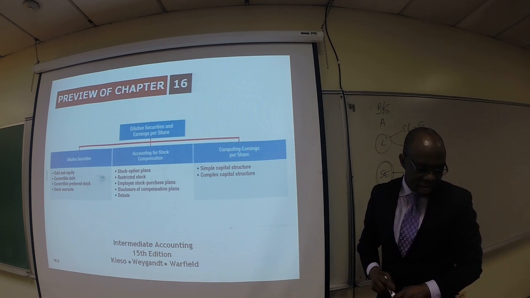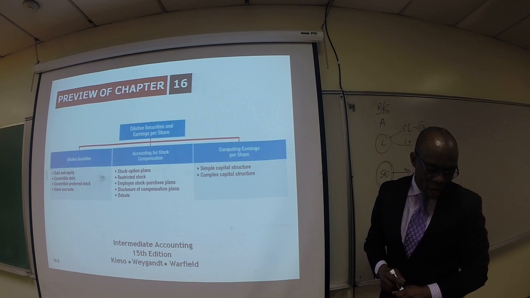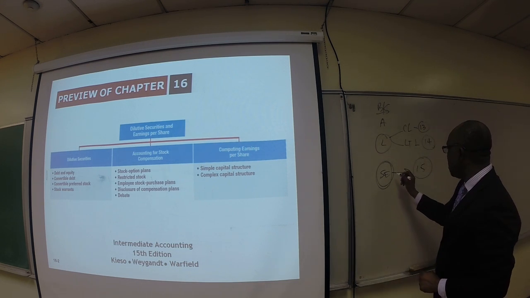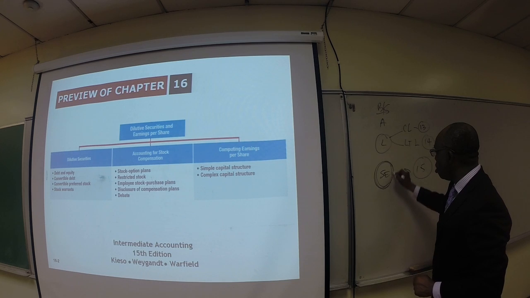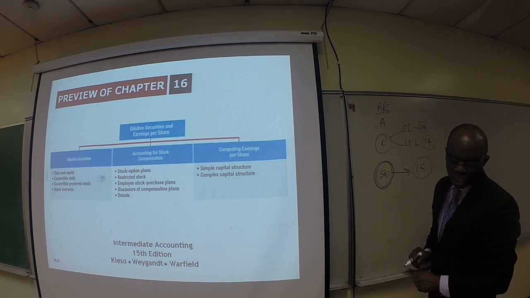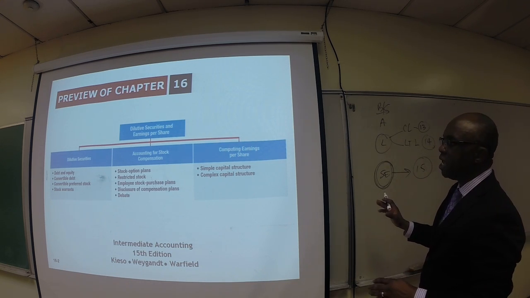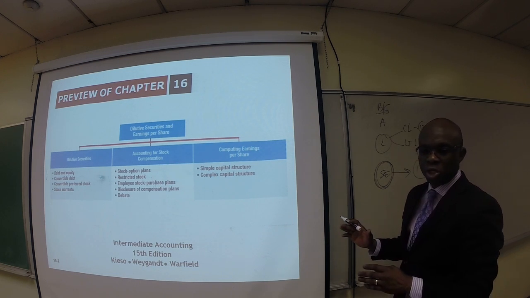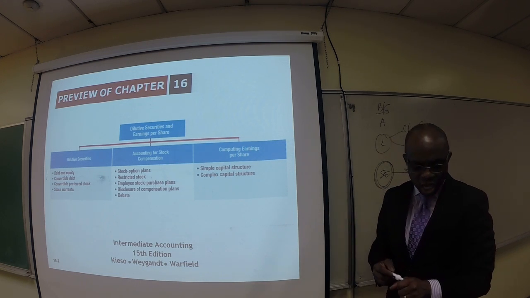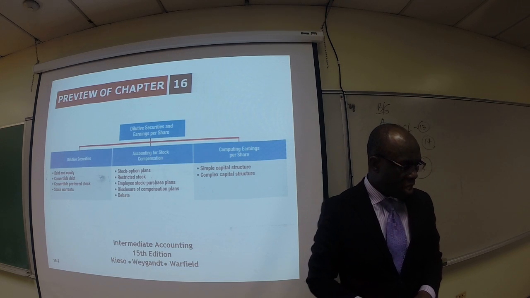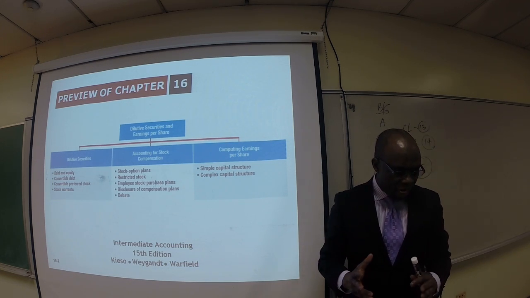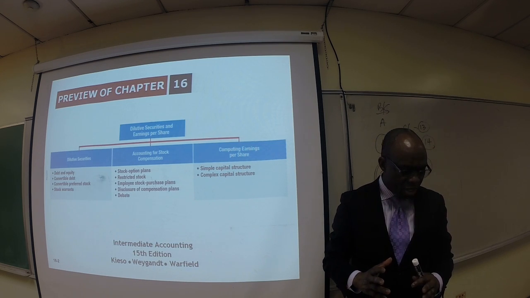In chapter 15, we shifted gear and we zero in on the stockholders' equity section of the balance sheet. Now in chapter 16, we are going to talk about part of the stockholders' equity section of the balance sheet and EPS, that is earnings per share, which is related to the income statement, another financial statement. So that is basically the overview of chapter 16.